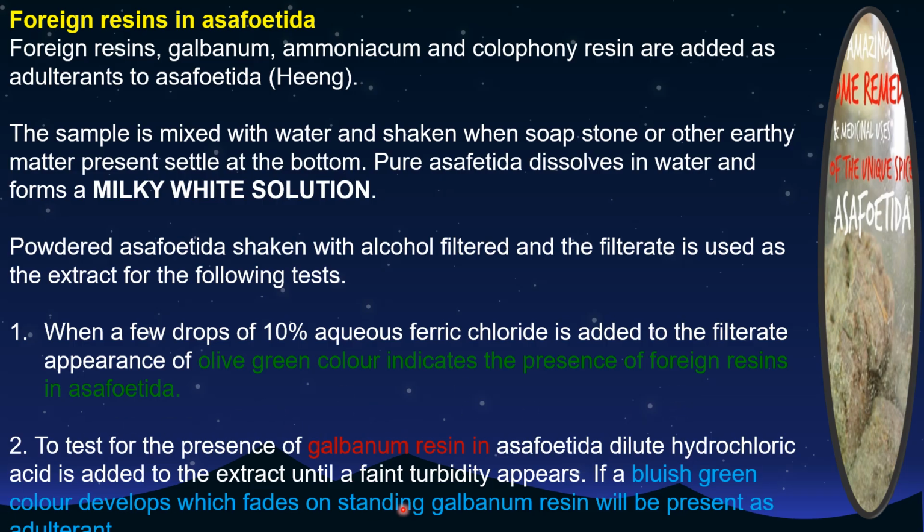And in order to check the presence of galbanum resin, dilute hydrochloric acid is added to the filtrate. So faint turbidity will indicate the presence of galbanum resin. Next, if a bluish green color develops and fades on standing, then also it indicates the presence of galbanum resin.